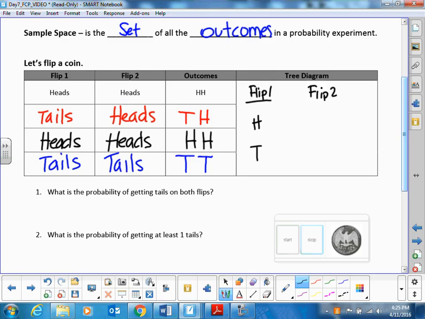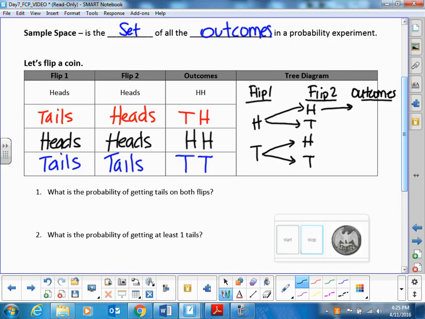Then from your first flip, you can get either a heads again, or you can get tails. If my first flip was tails, like it was for the first one, then I could get a heads, or like my last one, I got tails again. So then if we look at our outcomes, our outcomes are going to be over here.